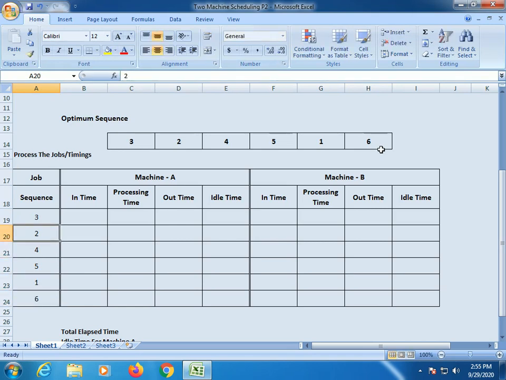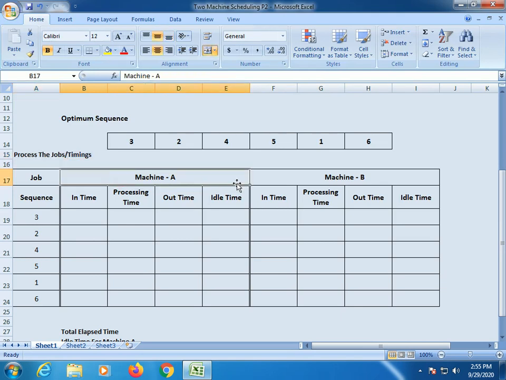We place it in the job sequence column, whatever we found. This is the job sequence I am placing. So according to this job sequence, what do we have to do? We have to process the jobs or timings.